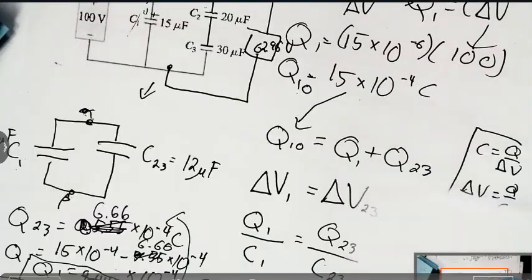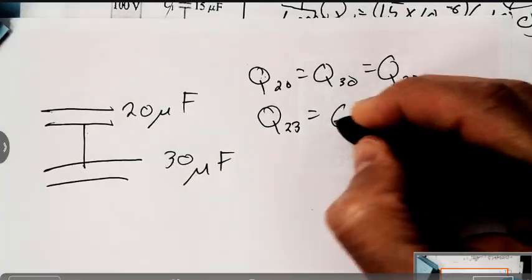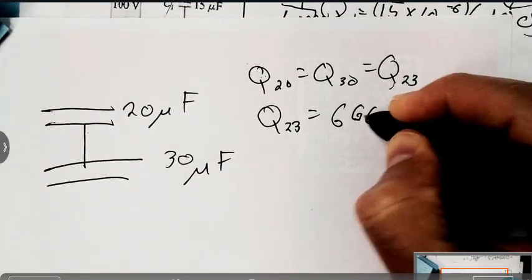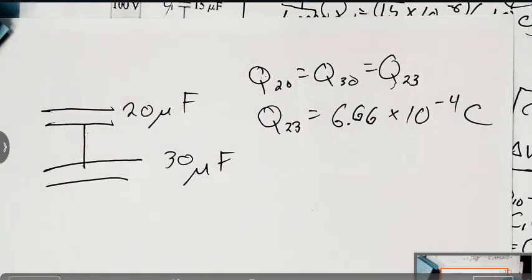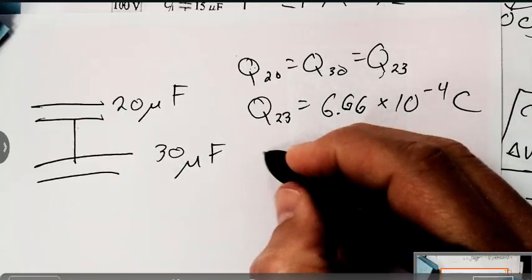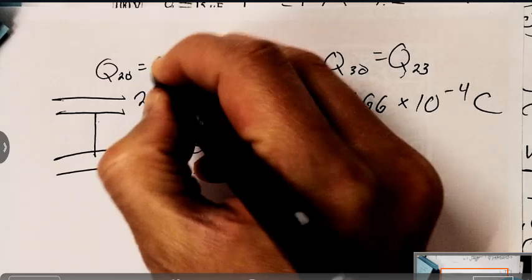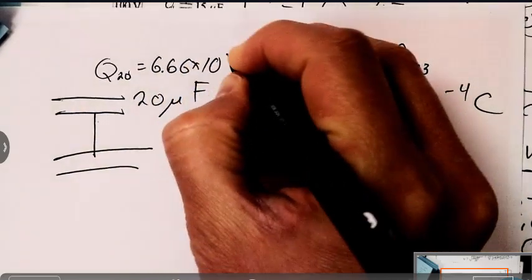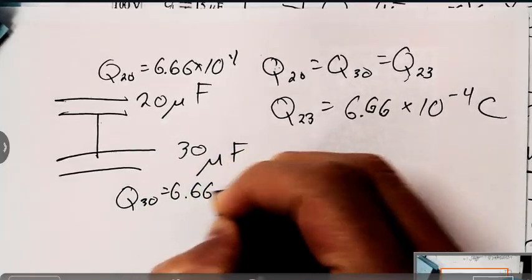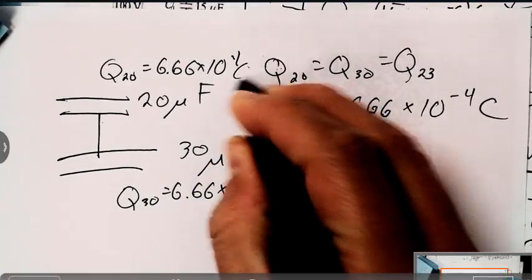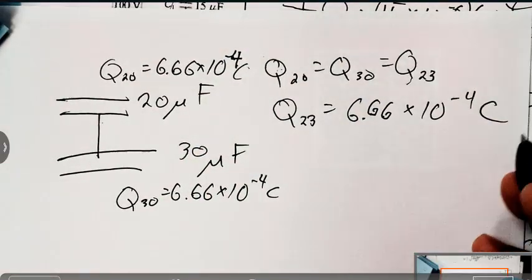I pray that I wrote it down. Yes, I did. The 6.66 times 10 to the minus fourth coulombs. And so that's equal to Q20. So Q20 is 6.66 times 10 to the minus fourth. And Q30 is also 6.66 times 10 to the minus fourth coulombs. So now I just need to find the voltages and I'm done.